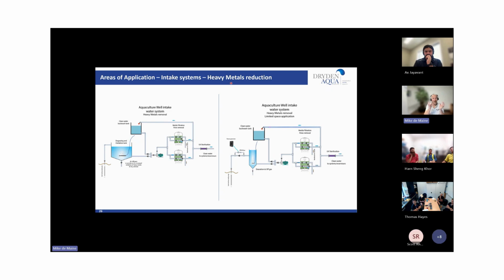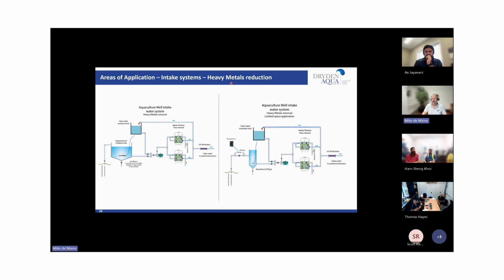They won't bind together because they're similarly charged. When we do an oxidation step with ozone, that helps to neutralize that charge, helps to combine the particles together for better removal. But of course, in periods of algal events, that will also help to break down algal cells and then flocculate those cells.